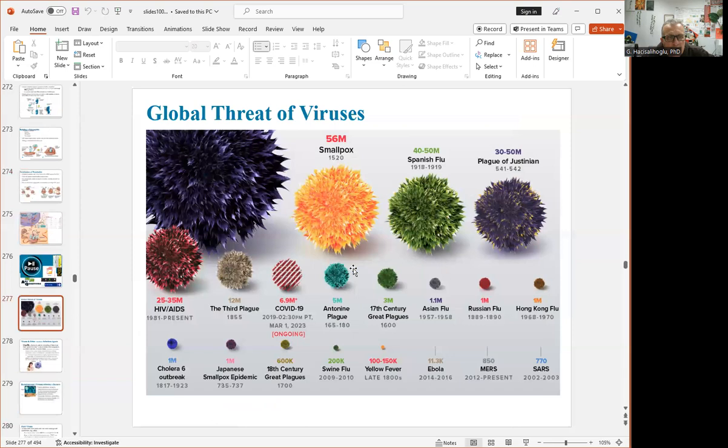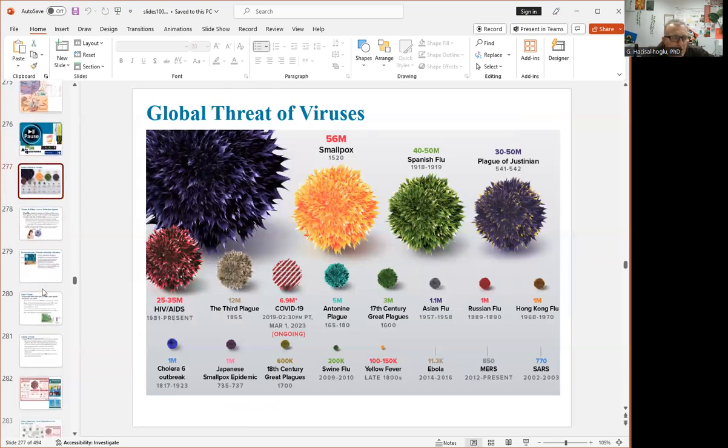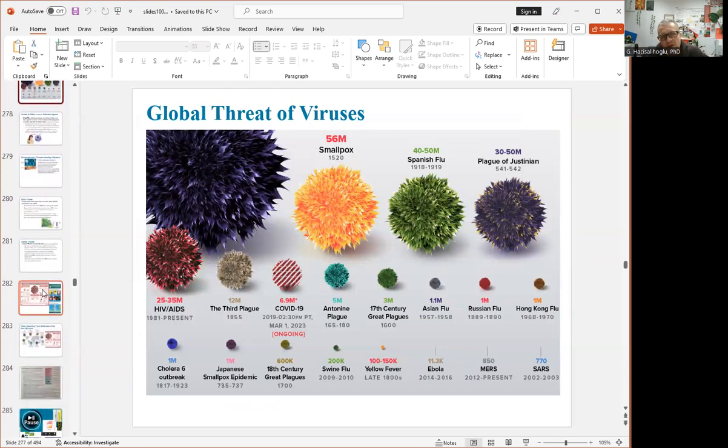In this chapter, there is a little information about one other topic, which is viruses. In the last 4 years, we have already seen one pandemic of a virus, which happens every 100 years or so.